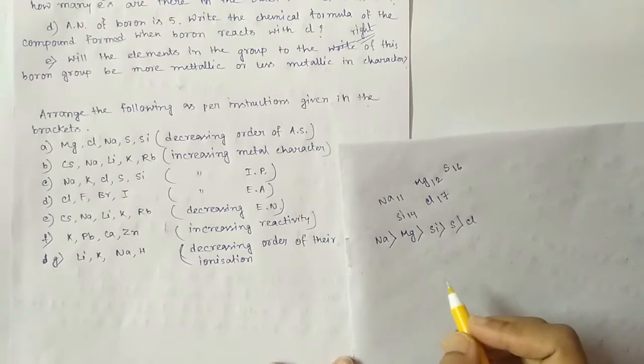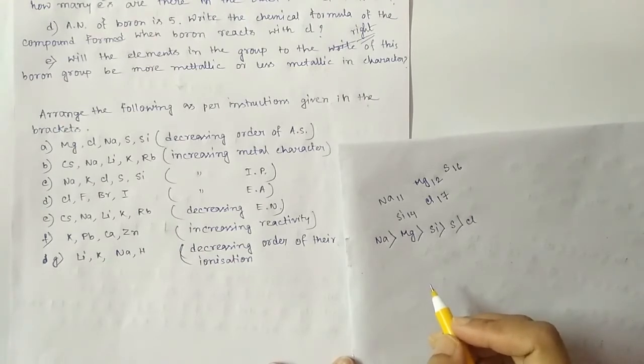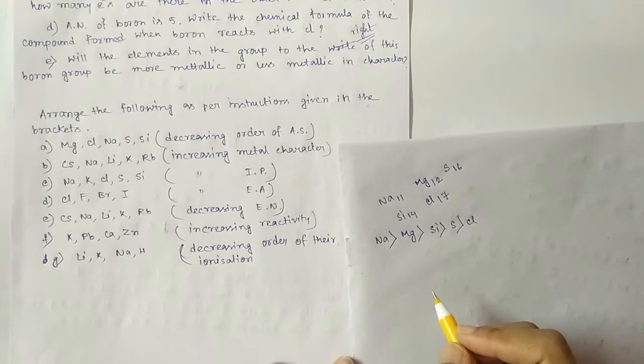I hope it is clear to you. The next question is increasing metallic character. I hope you all watched my previous video where I told everything about metallic character. Metallic character is the tendency of metals to lose electrons from their outermost shell.